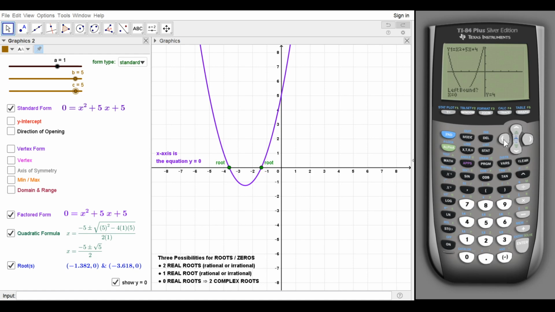For the most part, it's very similar to how we did our mins and maxes. You have to move your cursor, in this case, to the left of the root that you're looking for. Hit enter. Move farther to the right, hit enter.